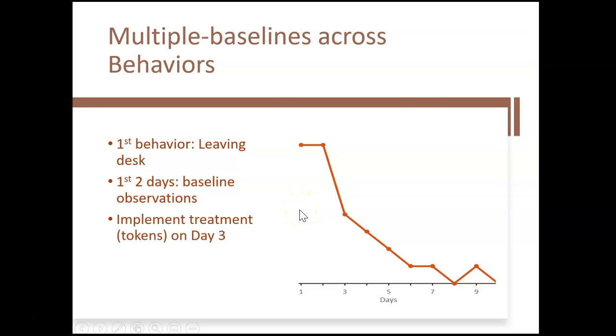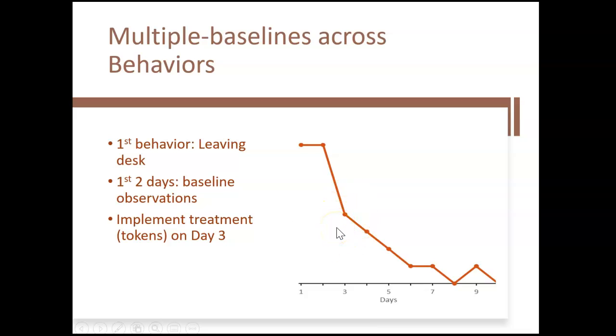Then on day 3, you start to add reinforcements, tokens, for staying at one's desk. So when the child remains at the desk, they get a token. Starting day 3, you start to see less desk leaving, even less on day 4.